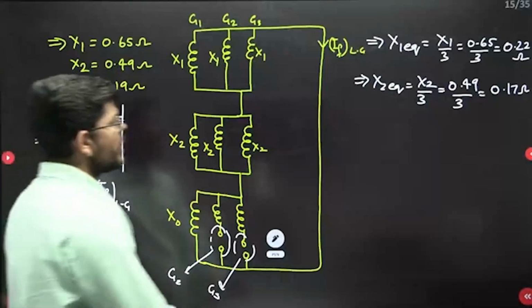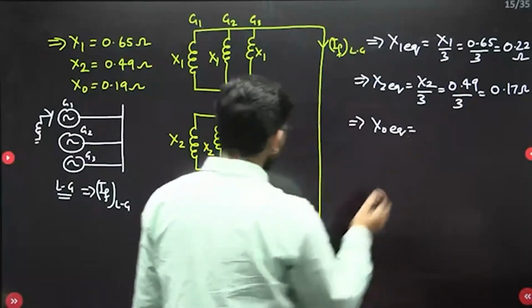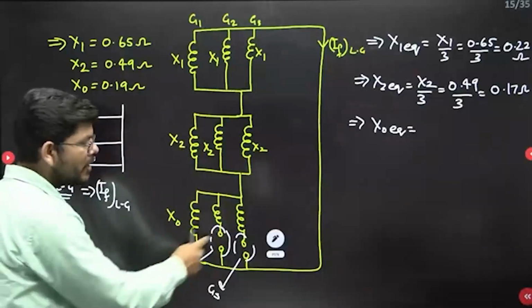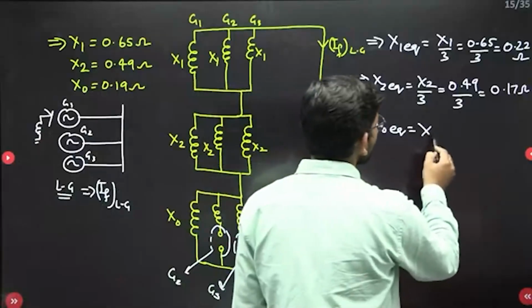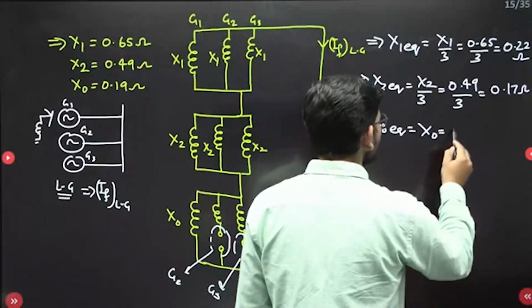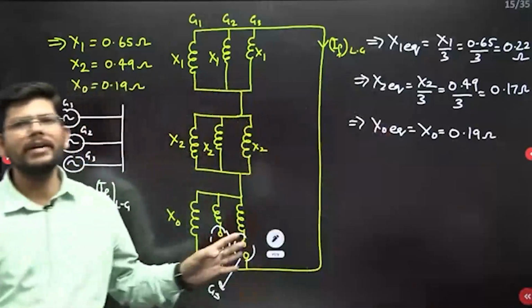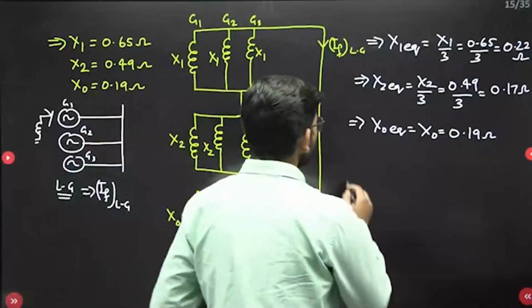Similarly, for x naught equivalent, it will be equal to only this x naught, because the other ones are not part of the circuit, they are open circuited, so we can't take them. It will only be equal to x naught, which is 0.19 ohm. So all the equivalent positive, negative and zero sequence impedances are with you right now.